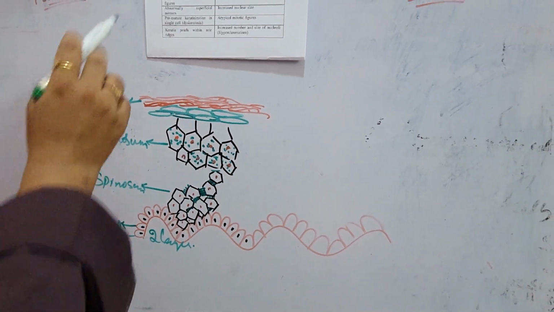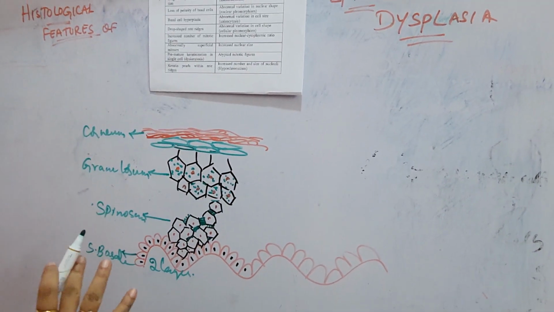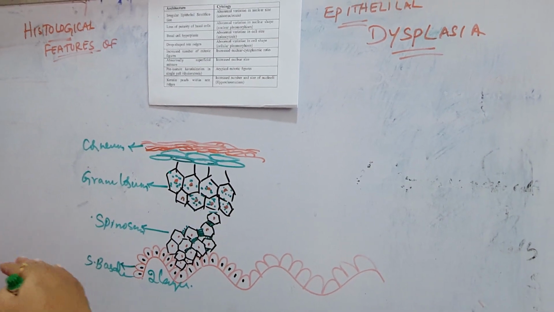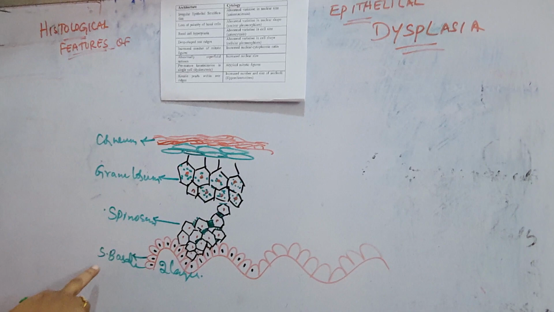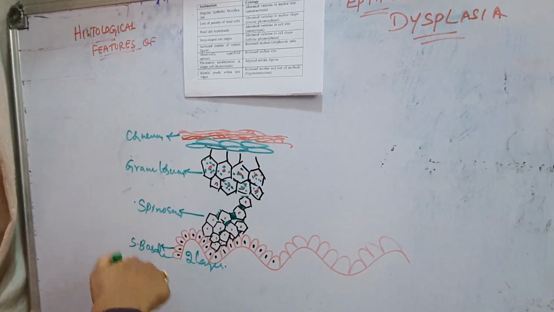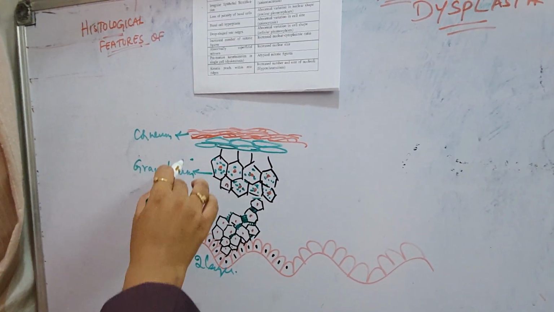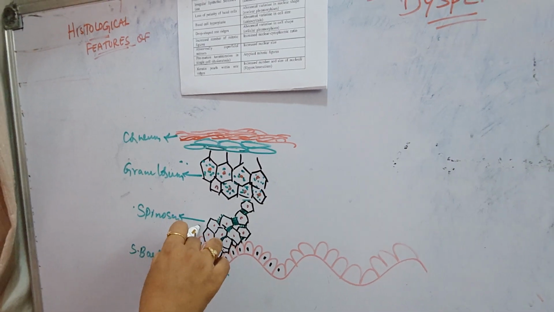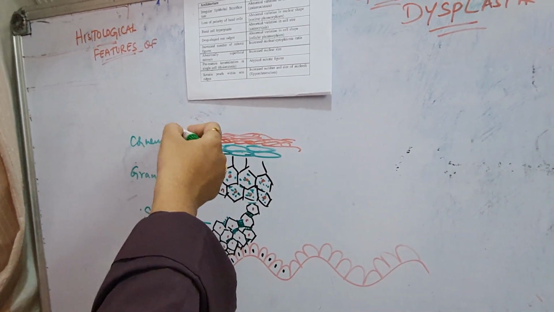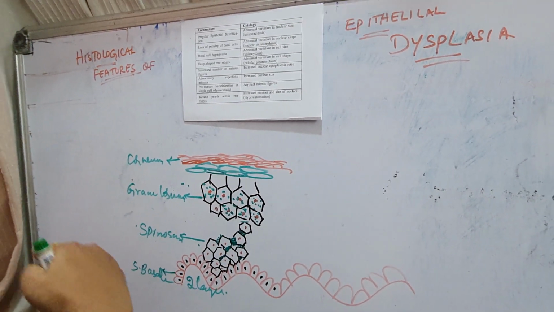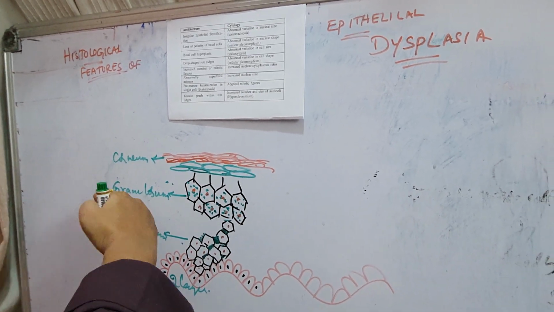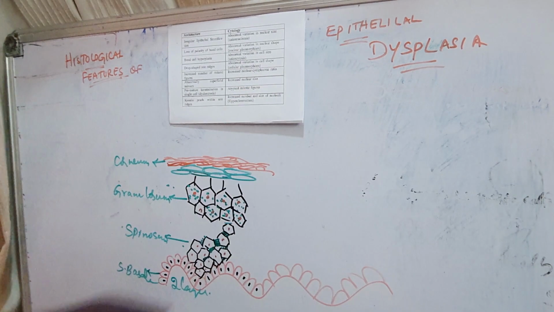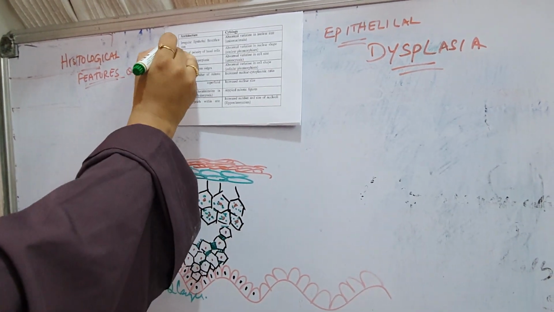Whereas in irregular epithelial stratification, you will not see these four layers one after another. For example, stratum basale can be seen somewhere in the granulosum, and the spinosum can be seen somewhere near the corneum. So there will not be four distinct layers like basale, spinosum, granulosum and corneum in epithelial dysplasia. That is your first one.